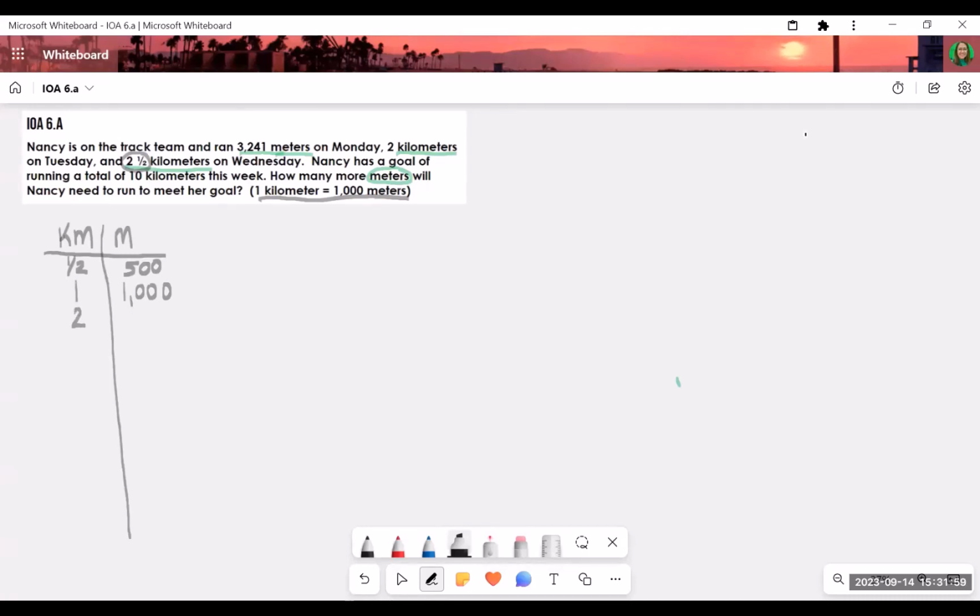I am going to take my equivalency table out to 10 kilometers. Since I know that's the highest, I'm going to need to find out. So I'm just going to keep filling out my chart. 5 kilometers is 5,000 meters.